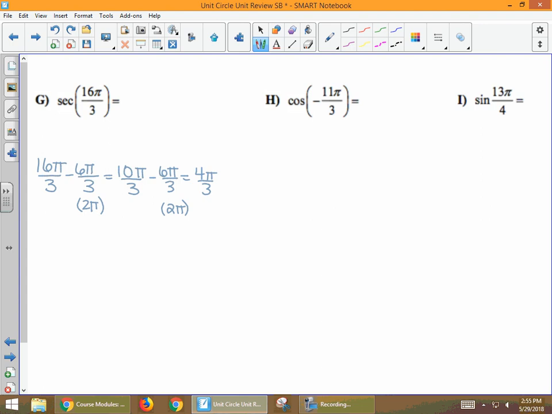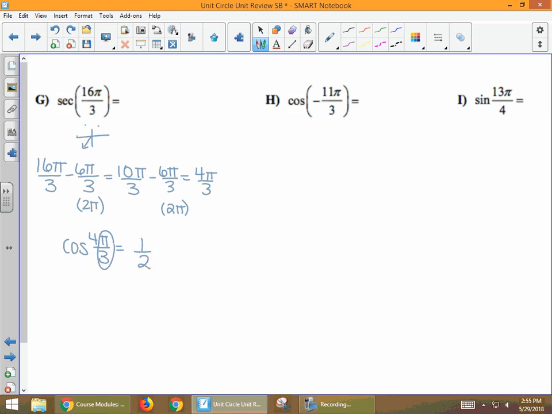4 pi over 3 is in the third quadrant. And I like to deal with cosine first and then flip it to get secant. So if I'm going to do cosine of 4 pi over 3, I'm going to start like this. At all of my thirds, cosine is 1/2.